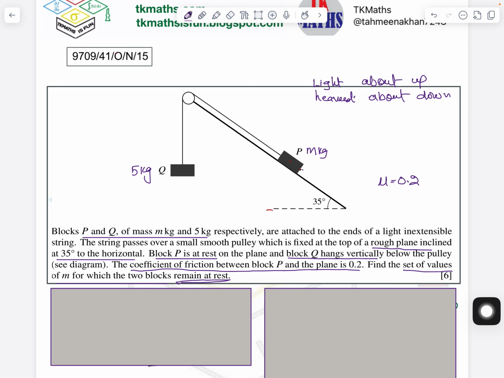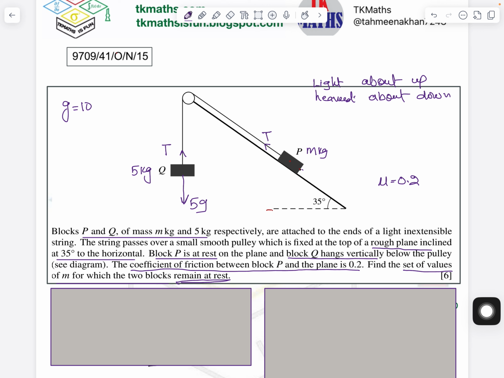So we have to solve considering these two equations. Why considering these two equations? Let's see. First of all, in the given diagram, the tension is acting upward in both cases. Here the force is 5g, and g I will take as 10 meters per second squared, because in the exam of 9709, g is instructed to be taken as 10.